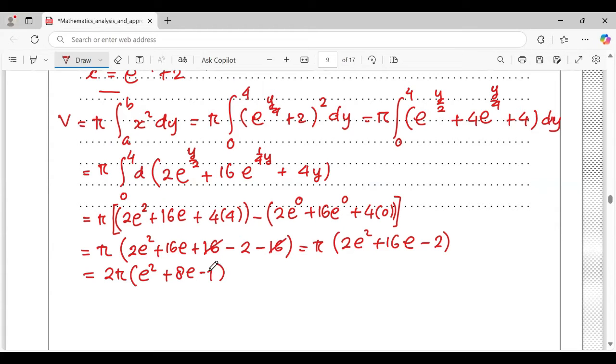Now, if you substitute π as 22 over 7, it becomes 44 over 7 times (e squared plus 8e minus 1).